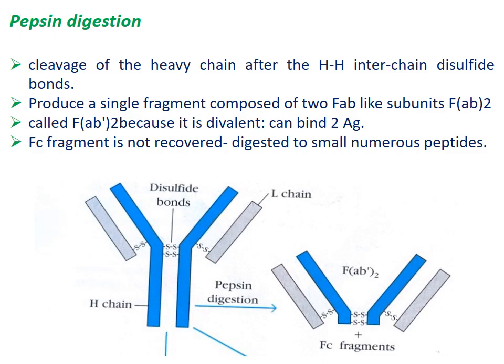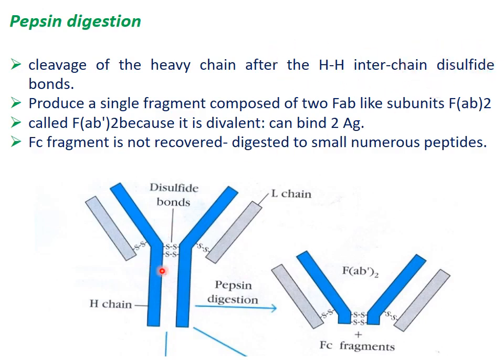Now if we digest the immunoglobulin with pepsin rather than papain, where will it cleave? It will cleave the heavy chain after the HH interchain disulfide bond. So papain cleaves before the disulfide bond between the 2 heavy chains, and pepsin cleaves the bonds after the interchain disulfide bonds.